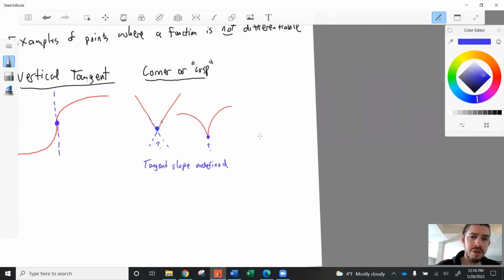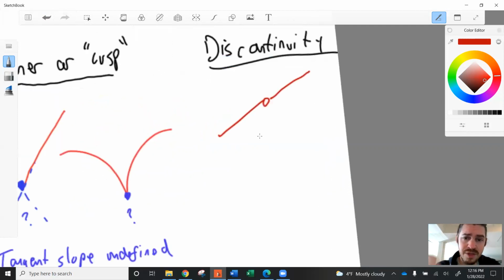And then the third example is just anytime you have a discontinuity of really any type. So maybe you have a function that has a hole. It might be that the limit exists, but the function value doesn't. And so at that hole right there, there is no tangent line.